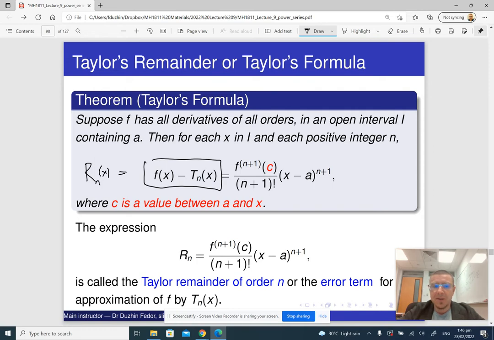Taylor's formula is actually an umbrella term for several theorems that claim that the remainder of the Taylor polynomial can be represented in a particular form. In this case, this particular form is called Lagrange's remainder.